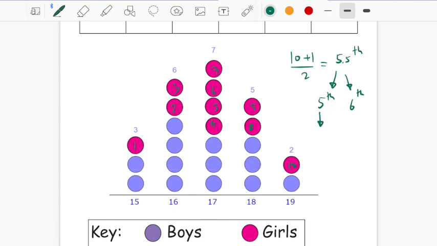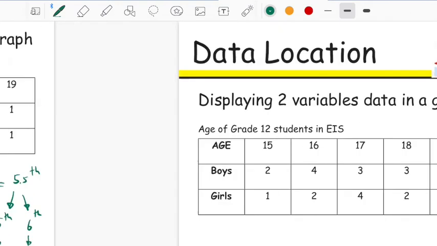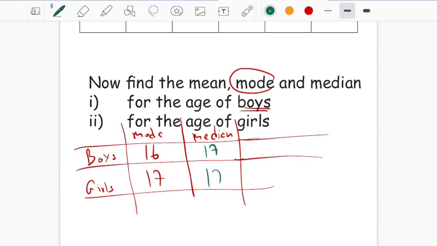The 5th position is how many years old? Here, 17. How about the 6th position? Also 17. So take the average of these two, which is 17 again. You can also look at it this way: the 5.5 position is here, which is still 17 years old. So I'm just going to put 17.